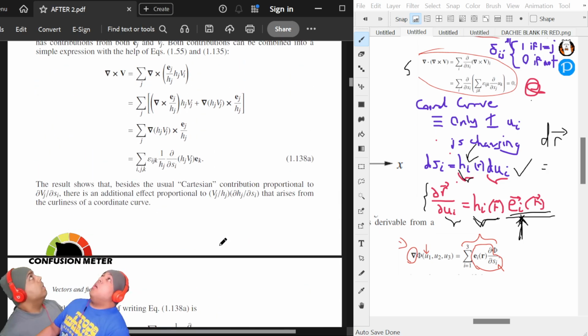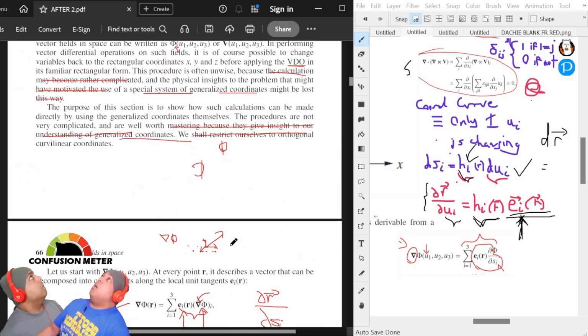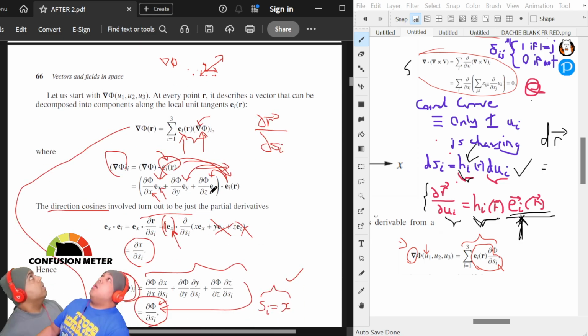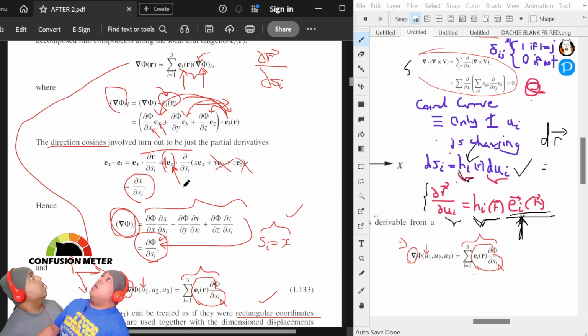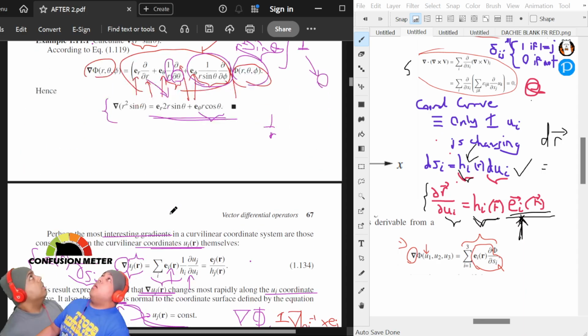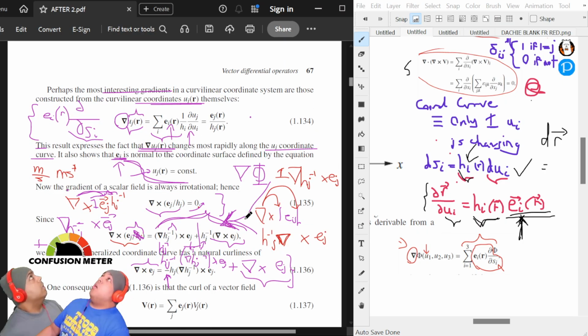What even is going on? Let us start with gradient of this equal this at every point. Yeah, all this made sense. I'll drink some water, then I'll try to see what is going on here again.